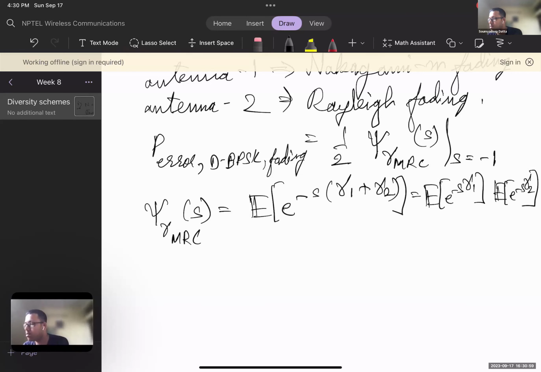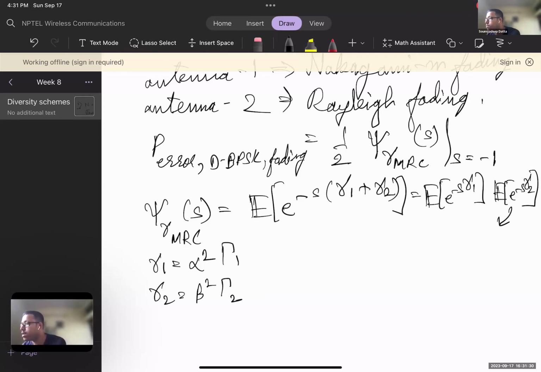Because gamma 1 is some alpha square times capital gamma 1, and gamma 2 is some beta square times some other fading coefficient. So if the distribution of the fading coefficient changes from Rayleigh to Nakagami m, then this expectation will also change, right?